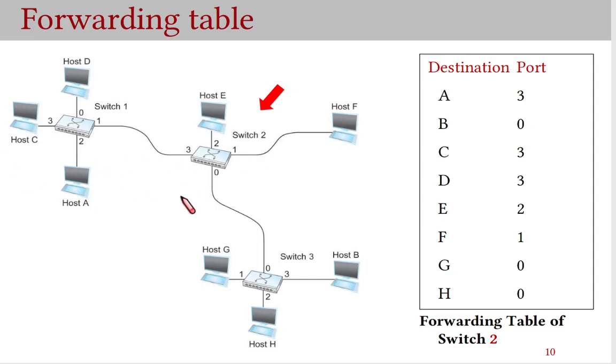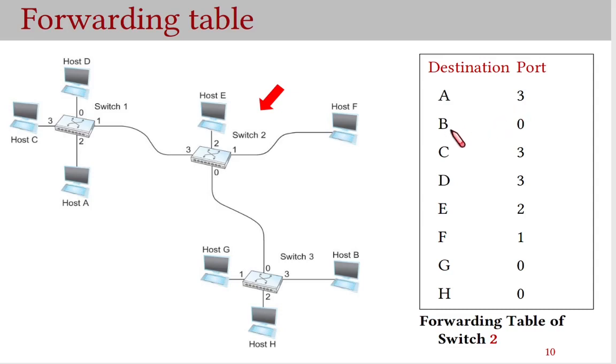As you can see in this diagram, to reach host A, switch 2 has to forward the packet on its port number 3 so that it goes to switch 1, which in turn forwards this packet to host A. Therefore, for destination address A, the forwarding port number is 3.